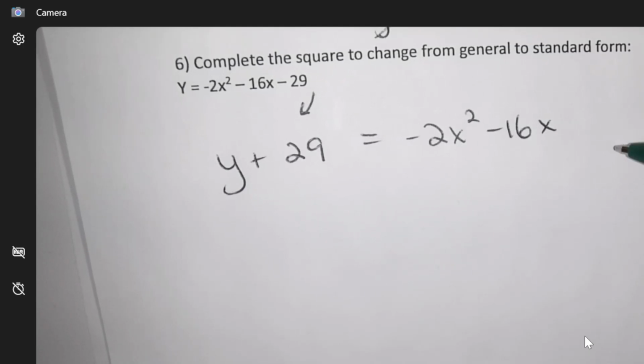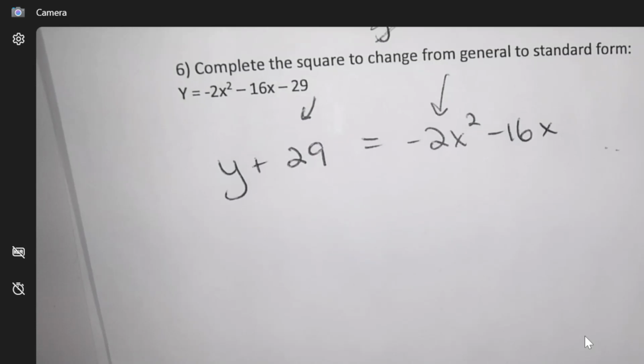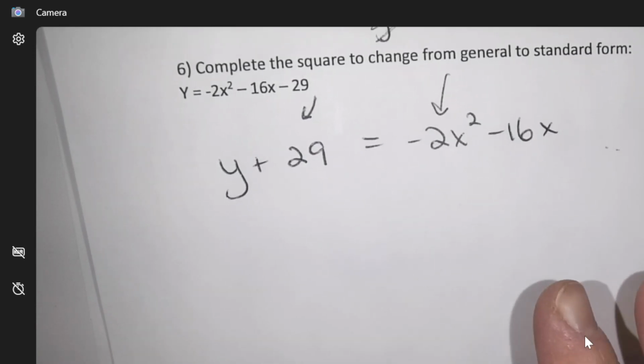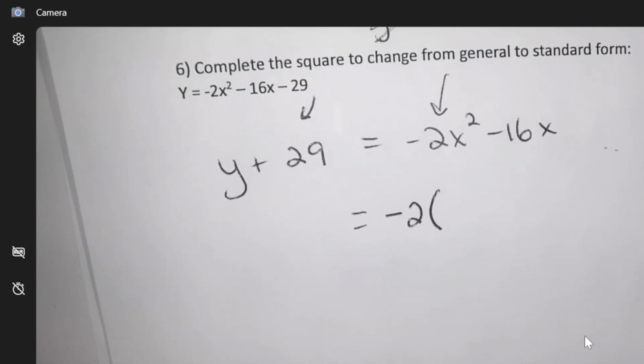Is this the time to finish the trinomial? No, it's not the time to do it. Why can't I do it here? Because it is a complex trinomial. So you have to get it into a simple trinomial. So -2 out. Get that out of there.